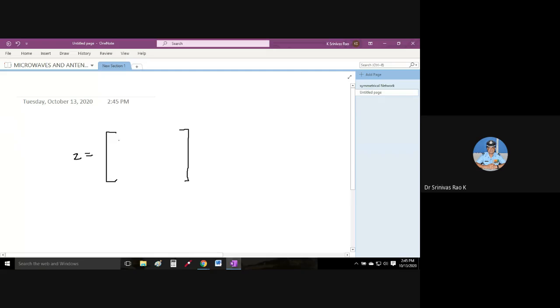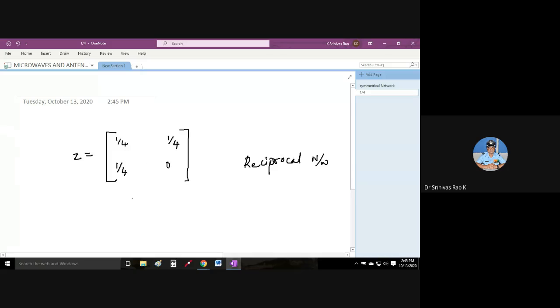I have written values: 1 by 4, 1 by 4, 1 by 4, 0. Is this Z parameter network reciprocal or symmetrical? Reciprocal, very good. This is a reciprocal network. Very good, Rainak.